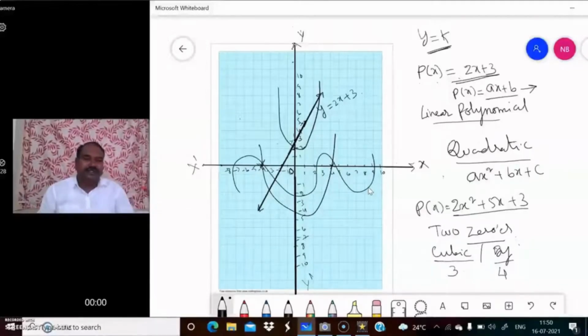Whereas the quadratic polynomial p of x is equal to ax square plus bx plus c gives a parabolic shape. In two places it intersects the x-axis, and those x values are called the zeros of this quadratic polynomial. So, a linear polynomial will have 1 zero, whereas a quadratic polynomial will have 2 zeros, and cubic 3 and biquadratic 4 zeros.